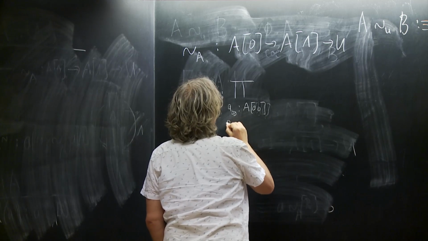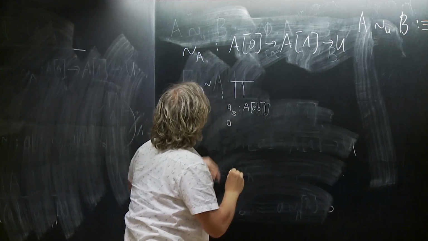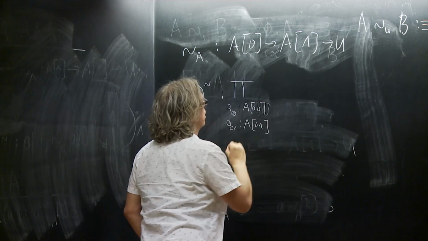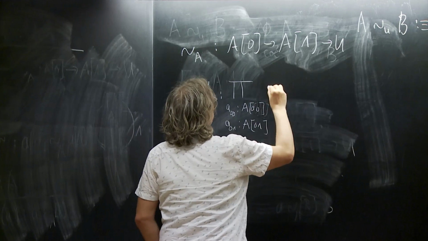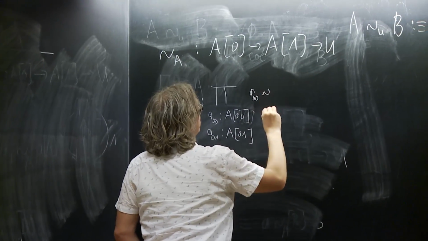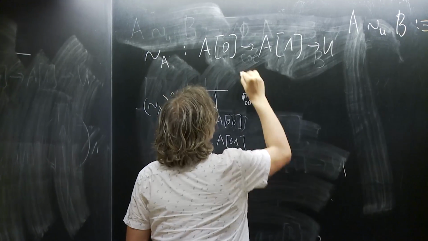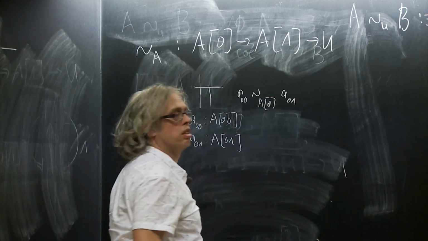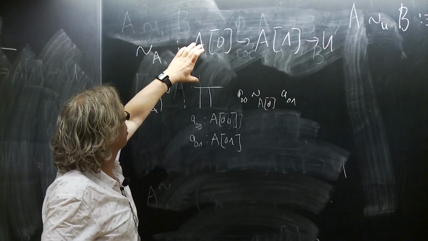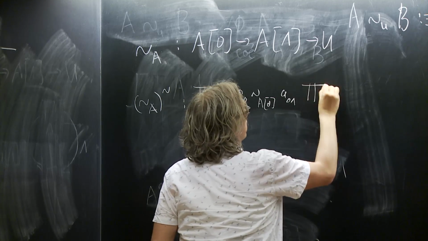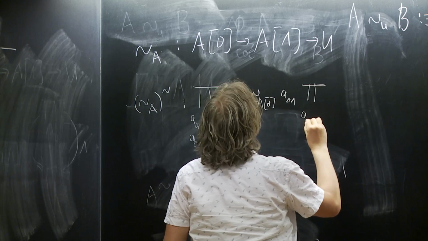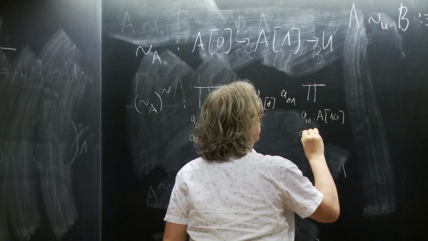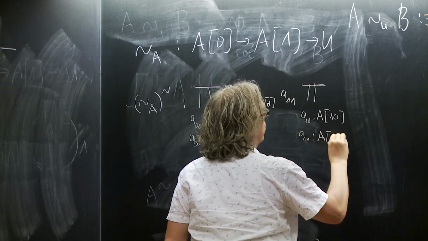And I have an A 0, 1, which is in A 0, 1. And I know that they are related, namely that A 0, 0 is related in A 0 to A 0, 1. So I have two elements in the first argument, and now two in the second. I have A 1, 0, which is in A 1, 0, and A 1, 1, which is in A 1, 1.